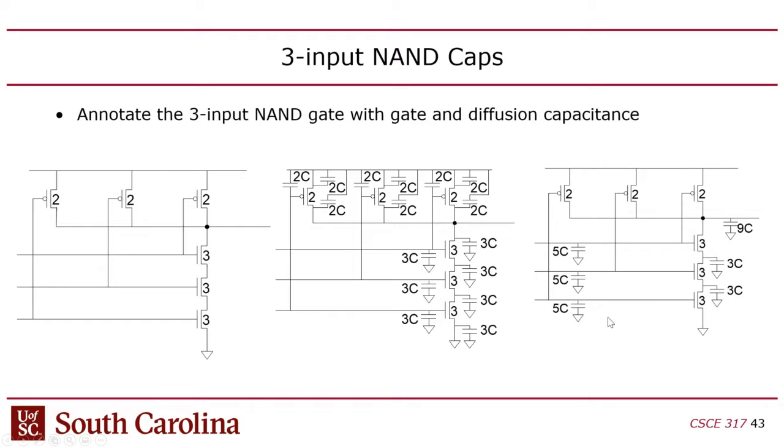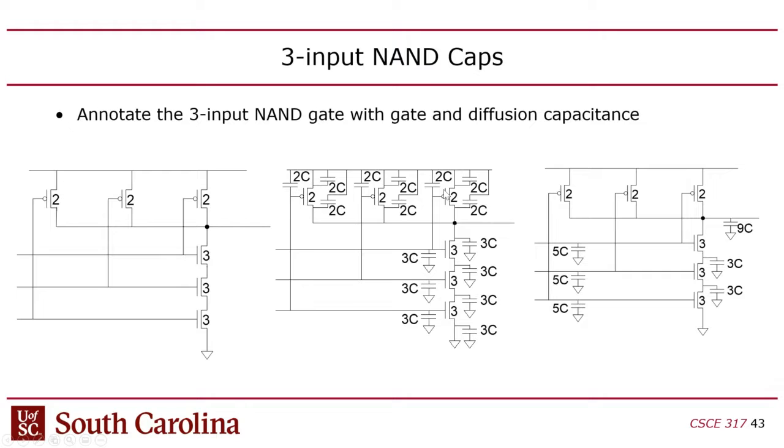However, you can simplify this. This third diagram is the simplified version, where notice that this capacitor that has both terminals connected to ground, I'm just dropping it. It's redundant. Also, notice the inputs have 3C capacitance on the inputs of the nMOS and another 2C gate capacitance for the PMOS.